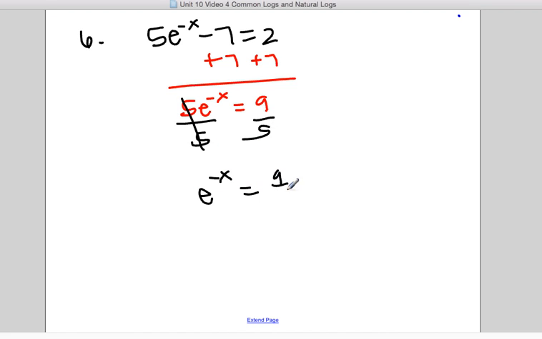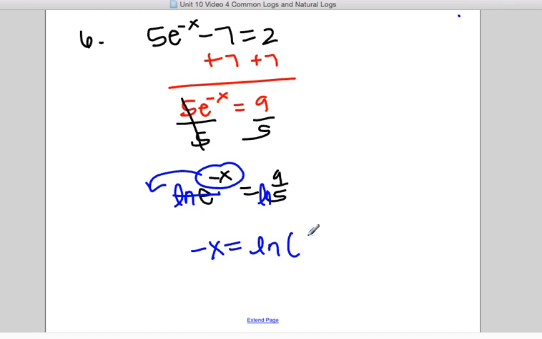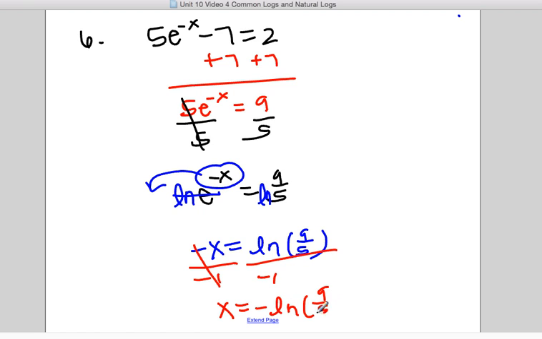I'm just going to leave it as 9 over 5. Then from here, in order to get rid of e, natural log on both sides. So these cancel, and I'm left with negative x equals natural log of 9 divided by 5, all of it. And then in order to get x by itself, divide by negative 1. So x is equal to, positive divided by negative will be negative natural log of 9 over 5.